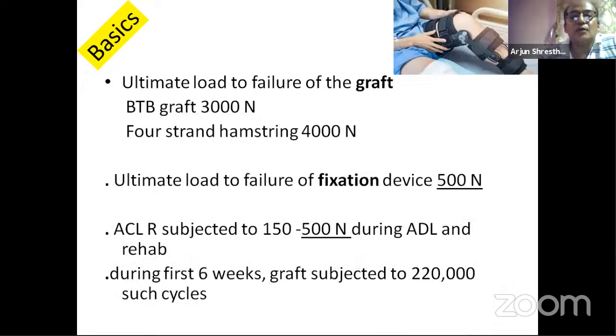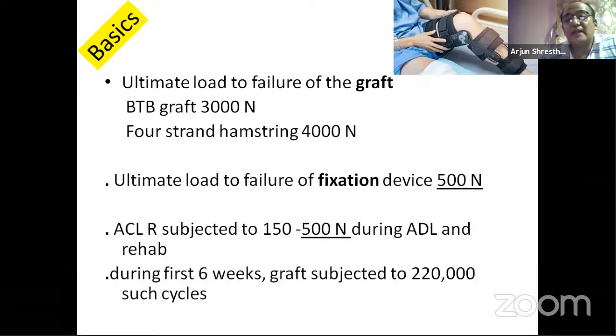So we should know how much force the graft or the fixation can bear before failure. It is shown by data that the BTB graft can bear up to 3,000 Newton of force during the activities. It may be from a cadaveric kind of experiment.